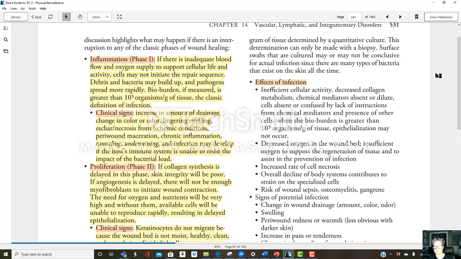Overall decline of body systems contributes to strain on the specialized cells, with risk of wound sepsis, osteomyelitis, and gangrene.